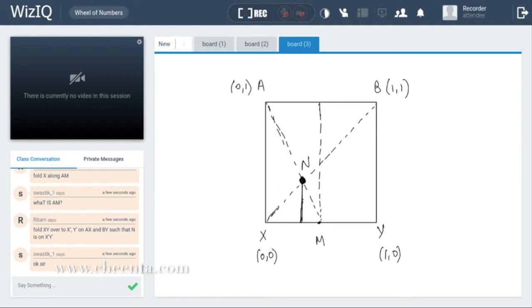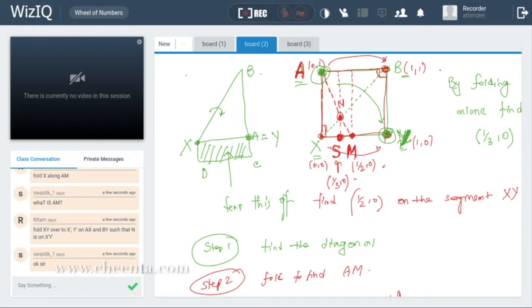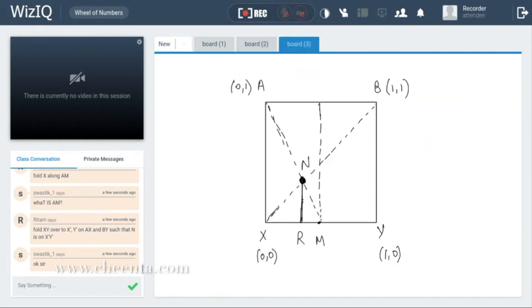Let's call this R. Or maybe I named it S, I'm sorry. Let's call it S. Name doesn't matter. So can you show that this point is 1/3 comma 0?